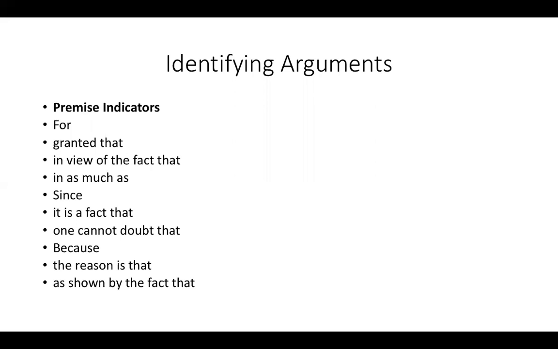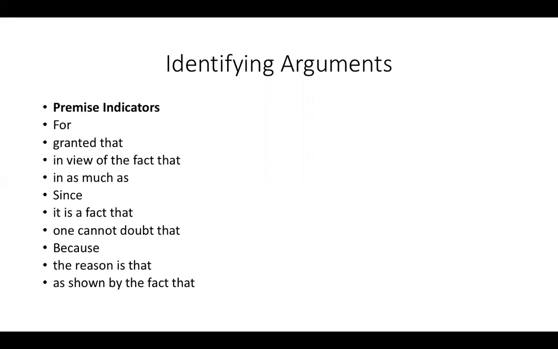So when you are trying to provide evidence, the tendency is to begin with phrases like, it is a fact that, or one cannot doubt that. Those are evidence-based sentences, or sentences that aim to provide evidence.